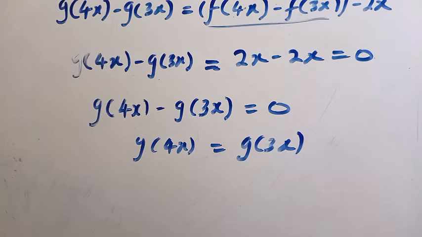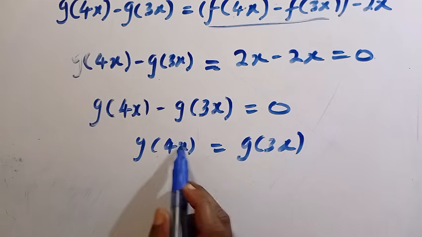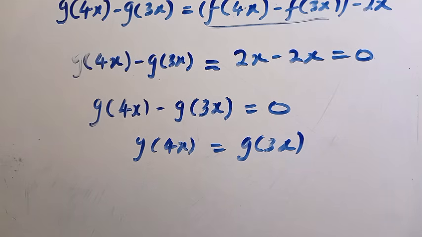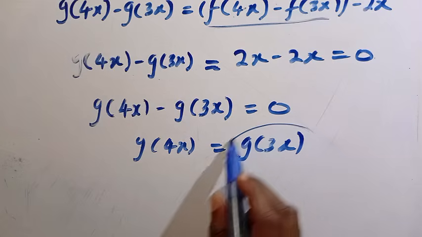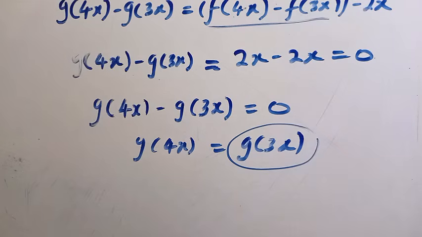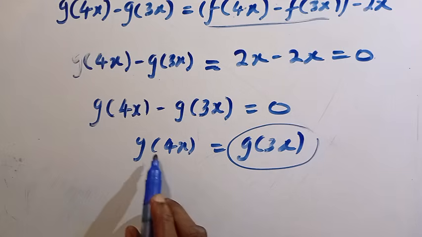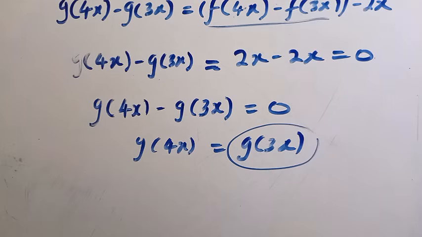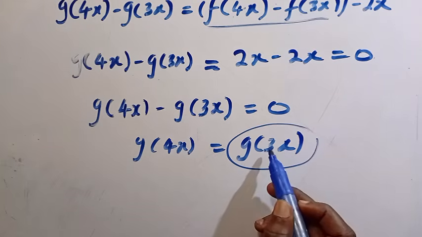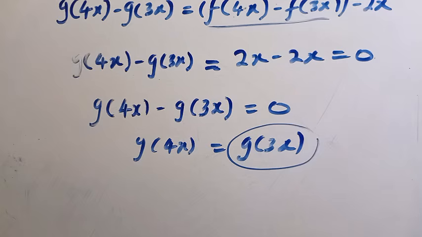So what we do about this is, suppose g of 4x, we want to show that it equals g of 3x. At this point, we focus more on g of 3x, or we could focus more on g of 4x. But let's see how we can transform g of 3x. With this g of 3x, suppose I replace every single x with 3 over 4 x.